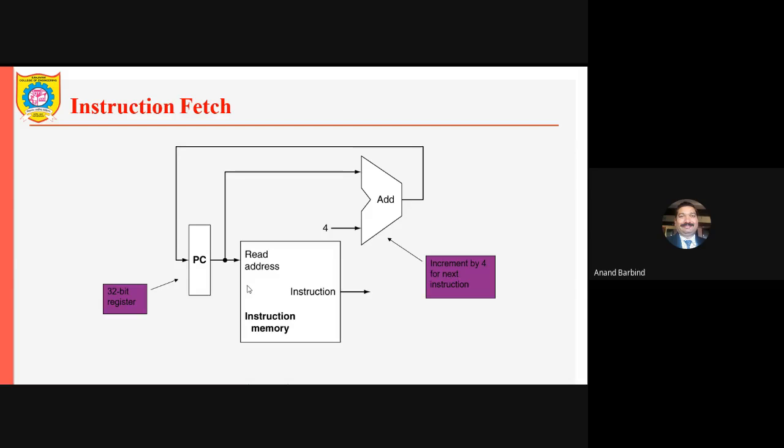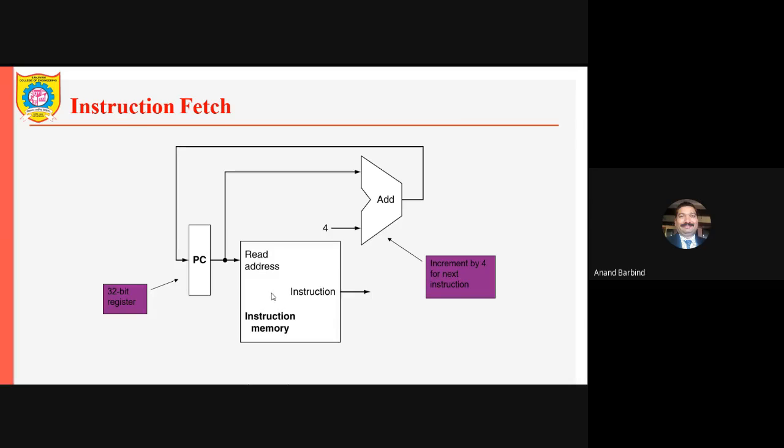Usually in one cycle, one instruction is fetched and executed. So in the next cycle, what happens? The PC is loaded with the address of the next instruction, and that address is given to the instruction memory, and then from the next location, the instruction is read from the instruction memory.